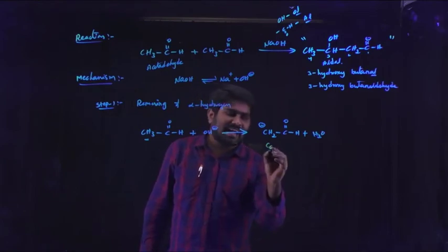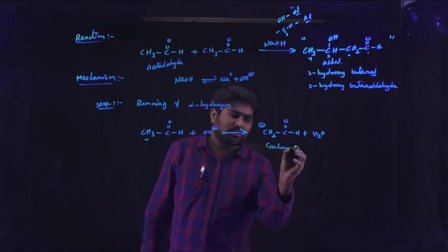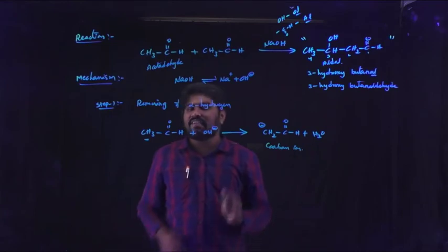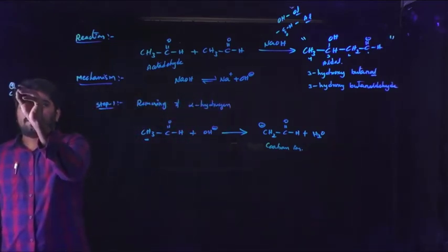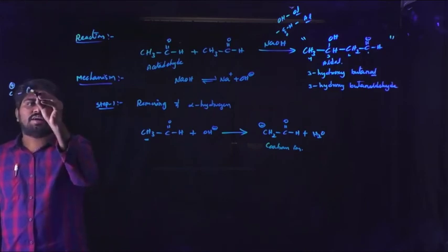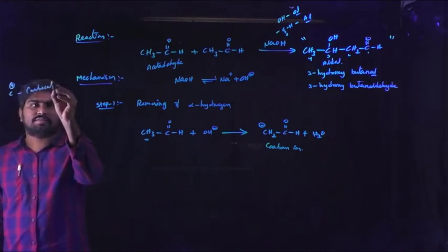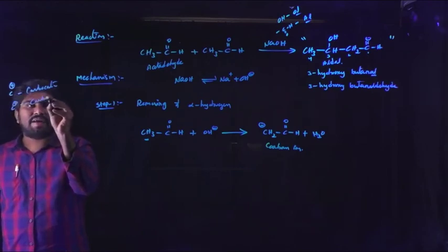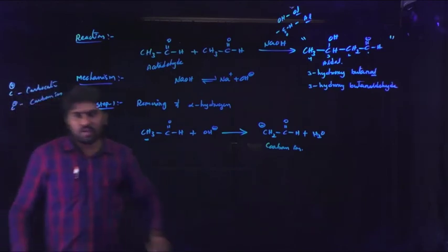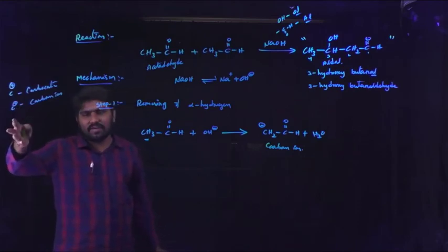The carbon atom which has a negative charge is called a carbanion. The carbon atom which has a positive charge is called a carbocation, and the carbon atom which has a negative charge is a carbanion. You already studied reaction intermediates in first year.